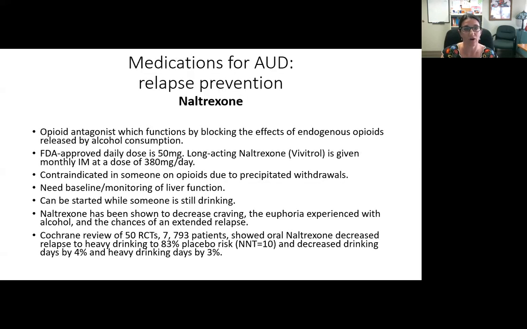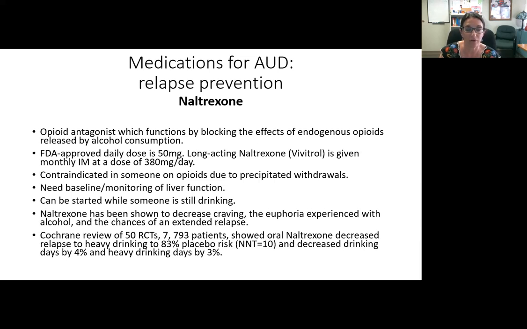So what medications can you offer? Again, this isn't going to be particular to this patient because she's also on buprenorphine, but our first line medication in general that we're going to talk about is naltrexone. This is our opioid antagonist that works at the same receptor as the buprenorphine does, right?